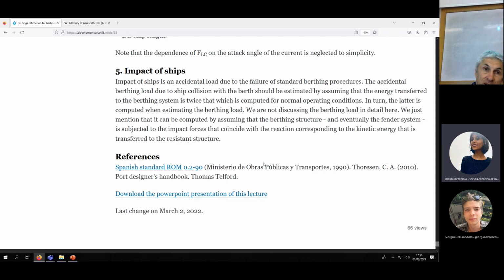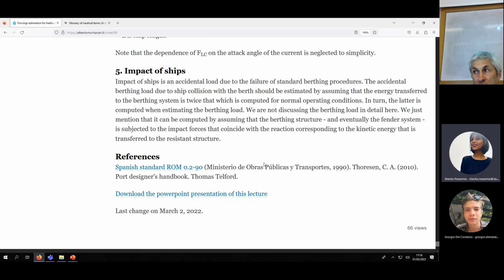This is why there is a lot of attention on ship maneuvering, why the traffic is controlled, and why there are limitations. This is something that has to be considered. We are not discussing it, but not because it's not important. Indeed, it can turn out to be a significant forcing.